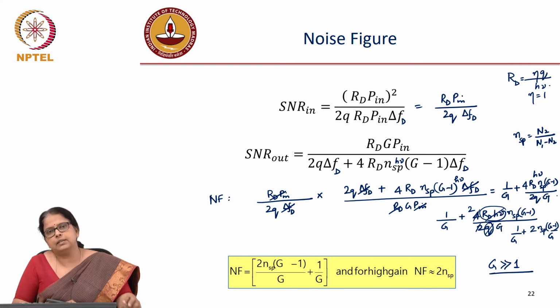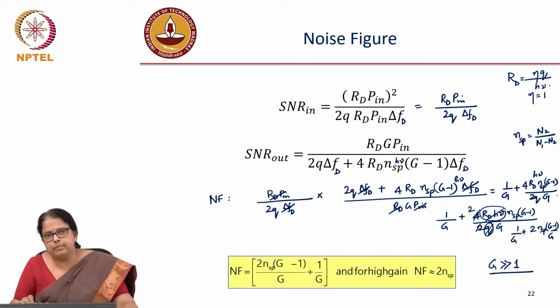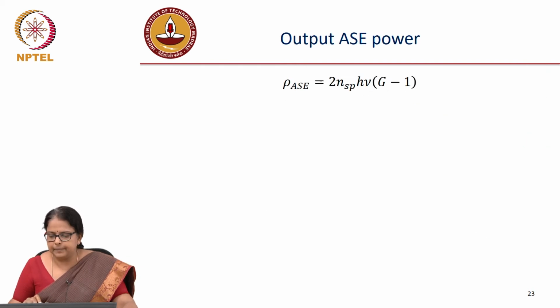If your gain is 100, for instance, 20 dB, or gain is 30 dB, gain is 1000, then (G minus 1) by G is almost the same, and 1 by G is 1 by 1000 or 1 by 100, which is much smaller when compared to the first term, which means I can approximate noise figure as twice N_SP.